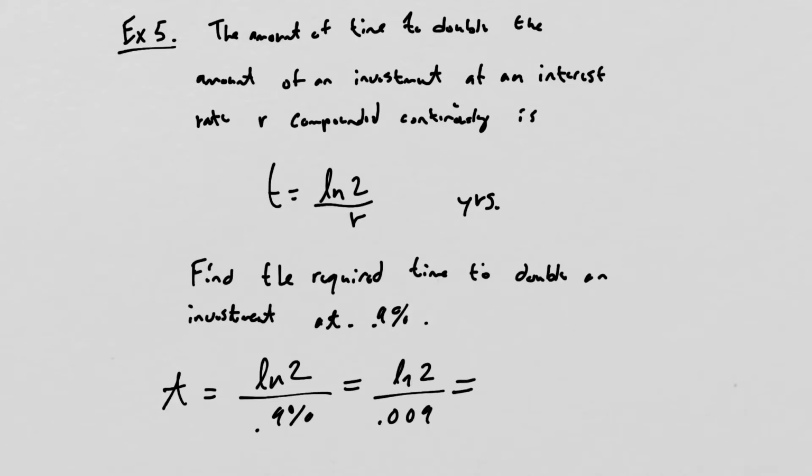Using a calculator, our natural log of 2 is approximately 0.6931, 8 divided by 0.009, which is approximately 77.016 years. So this interest rate is terrible because at this point, inflation is going to give you more money than your investment, which means you're going to just lose money because you're not getting at least the inflation rate.